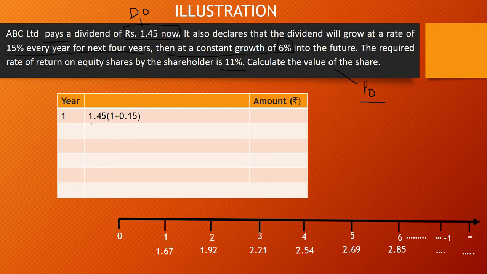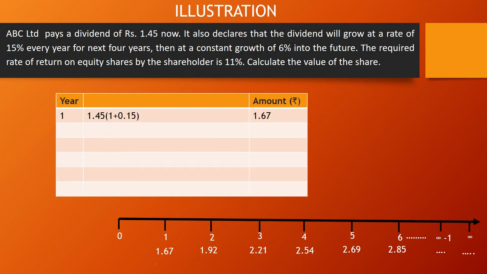So whatever dividend I am getting in the D0 time period, in the next year I'll be getting 15% extra. So if I calculate 1.45 times (1 plus 0.15), your amount will be 1.67. That means in the first year my dividend will be 1.67. In the second year also the dividend is increasing by 15%.